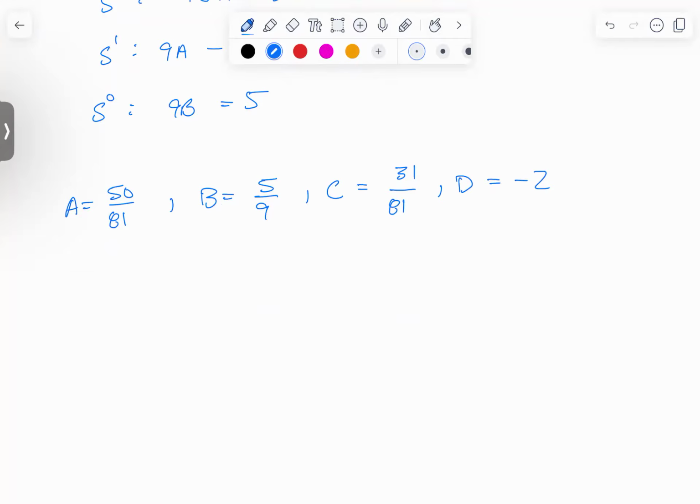But then we got to turn our brain back on because F of s equals 50/81 over s plus 5 over s squared plus something.